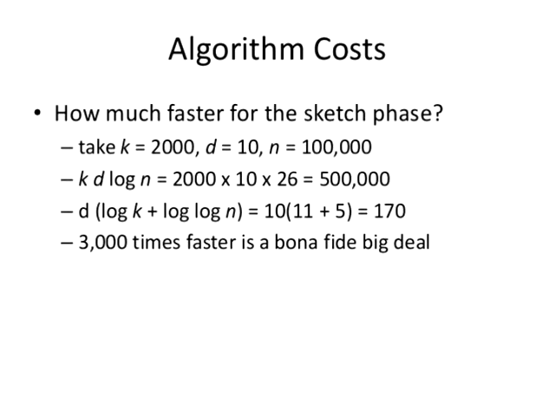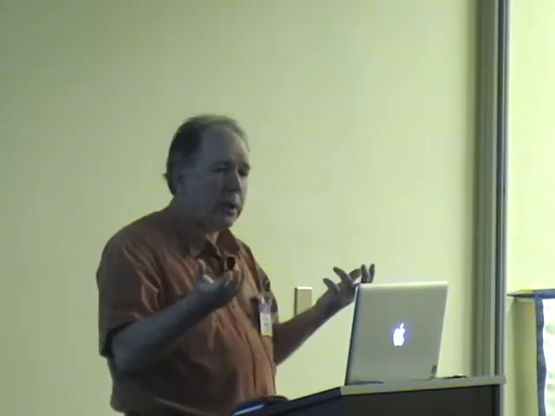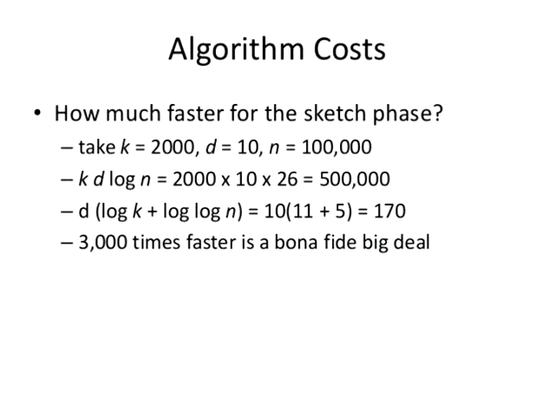So how much faster are we talking? If we have 2,000 clusters that we're trying to get, 10-dimensional data, which is low or high depending on the customer, in this case they wanted 10 dimensions, and 100,000 data points. Then we can do the math, and we come up with 500,000 for one alternative, or 170 magic units of time for the other, about 3,000 times faster, neglecting I/O and things like that.